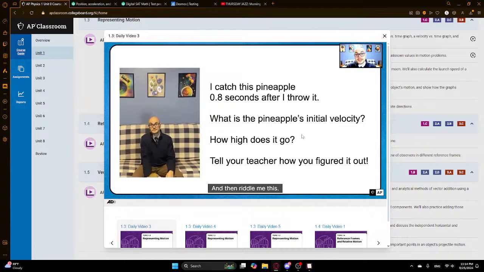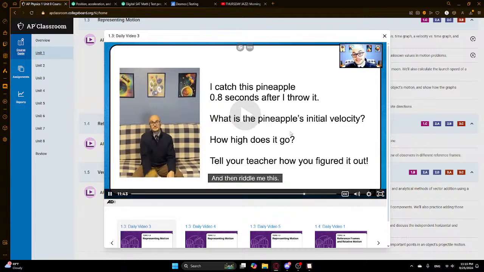What could the pineapple's initial velocity be? Wait, maybe we've got a physics equation we can use. Final velocity is initial... Oh my gosh.